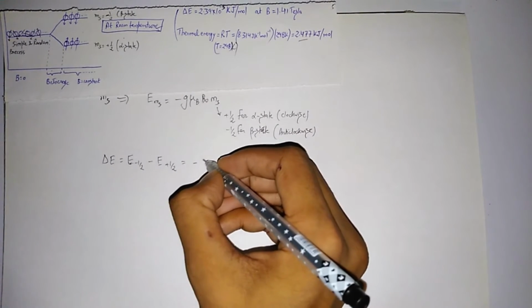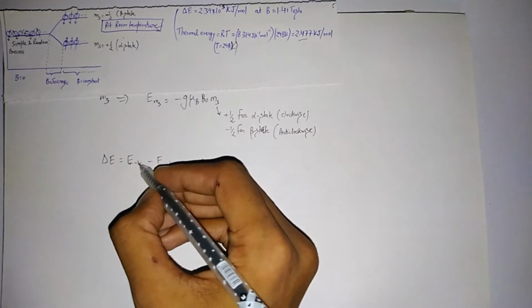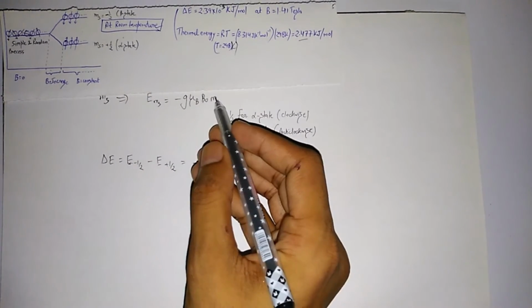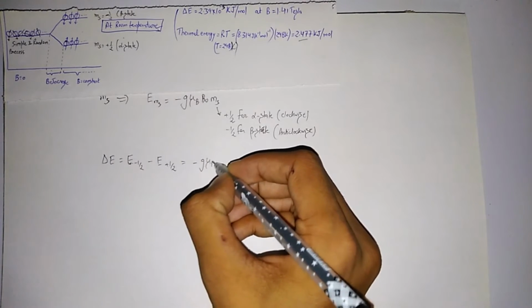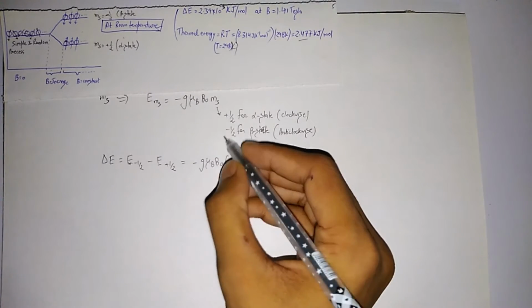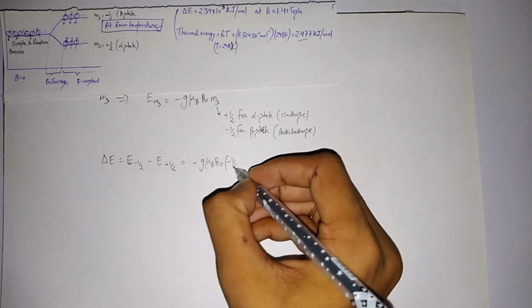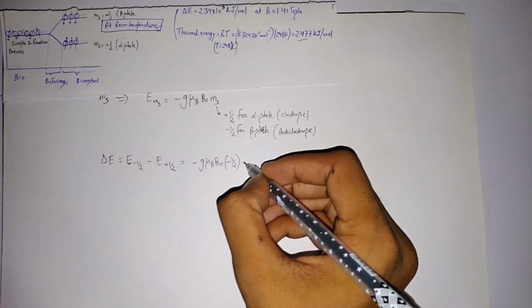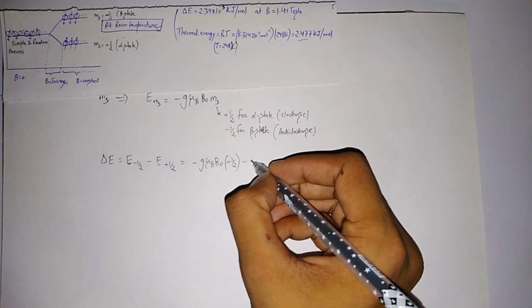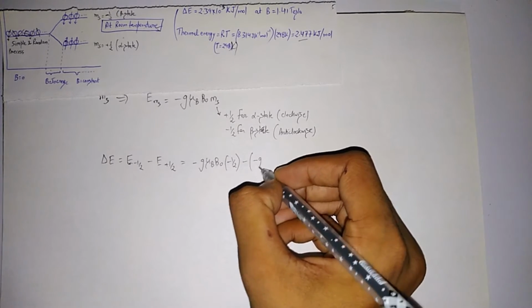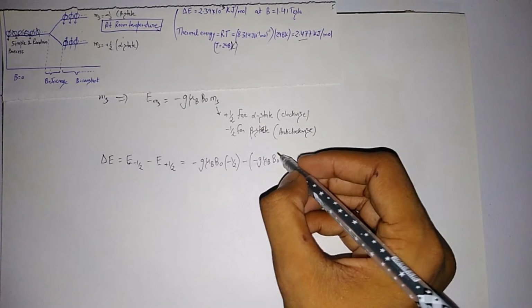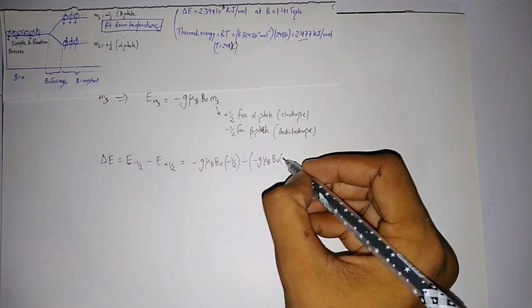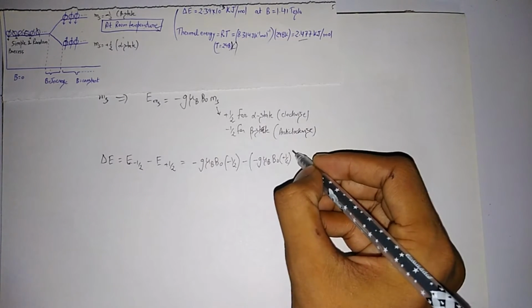So minus g mu B B naught times minus half for the higher energy state, minus minus g mu B B naught times plus half.